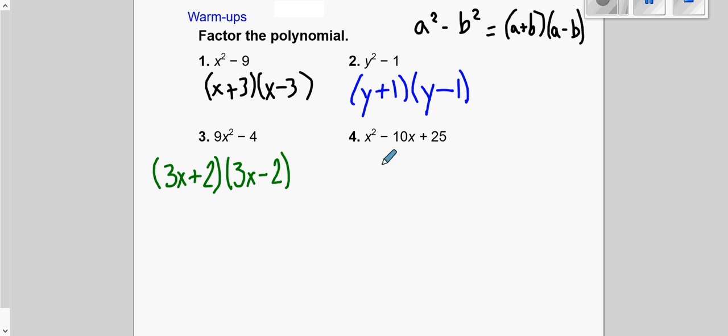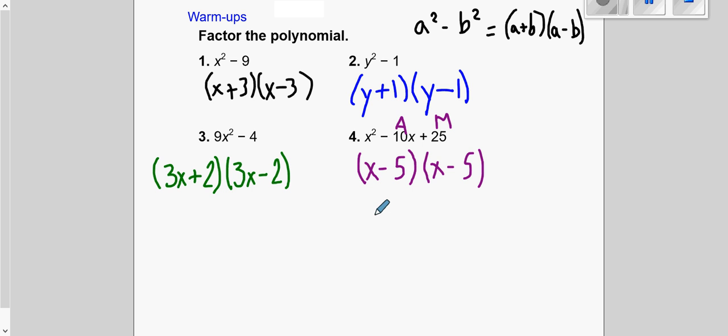And number 4. This one is not the difference of two perfect squares, but it's still going to be a double bubble. What are two numbers that add to be -10 and multiply to be positive 25? -5 and -5.